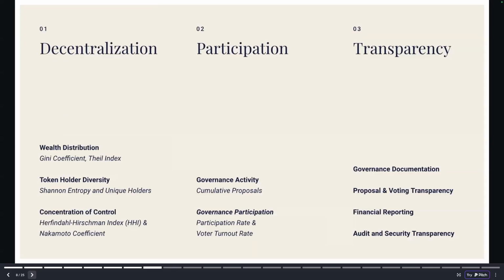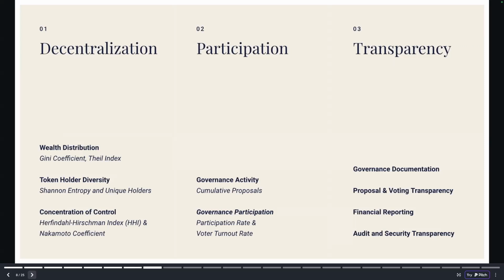I developed three pillars in the end, focusing on decentralization, participation, and transparency. Based on my literature review, I came upon those metrics. Within decentralization, I first analyzed the wealth distribution, namely with the Gini coefficient and Theil index, then focused on token holder diversity, evaluating Shannon entropy and unique holders, then on the concentration of control with the Herfindahl-Hirschman index and the Nakamoto coefficient.